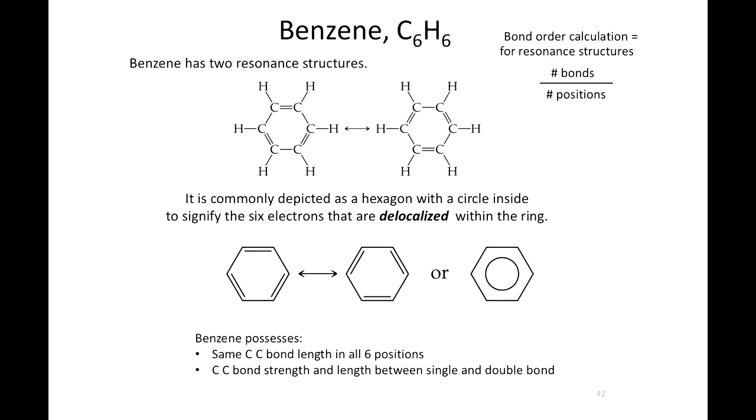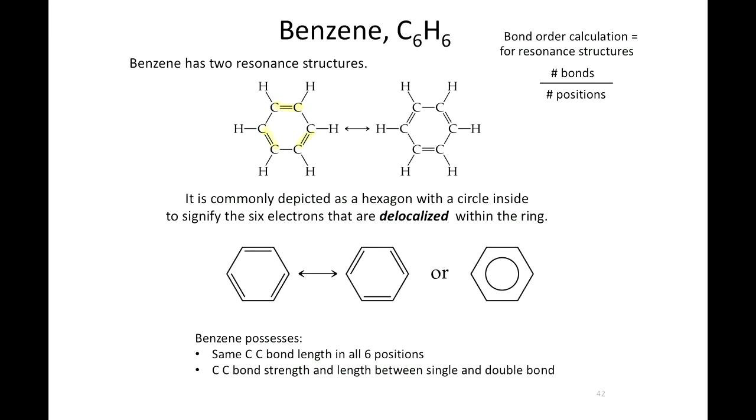So we've gotten to our second way to calculate bond order, and that's for resonance structures. The idea is that you can see single and double bonds in a structure, but sometimes those double bonds are in more than one place. For example, benzene, I showed you before, has 3 double bonds and 3 single bonds.